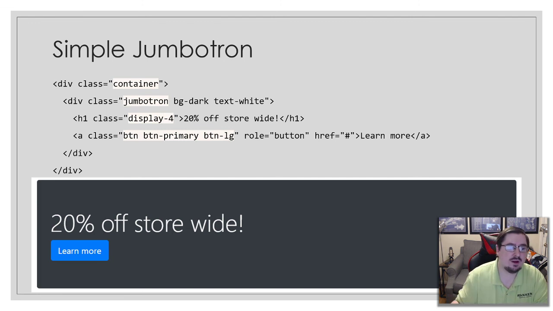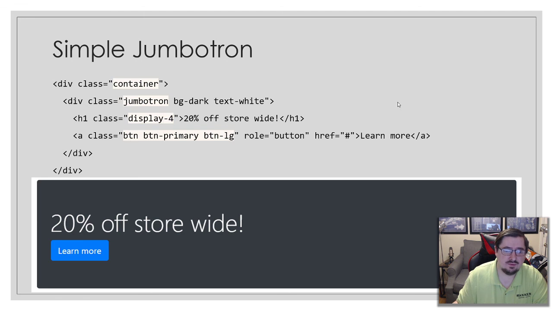Below that, I've got a button, and it's actually a link. It's an anchor tag because it's going to take them to another page. And then I've given it the class btn-primary, but I've also given it btn-lg because I want this to be a large button. Button large is a really good thing to add for any button. If you do have it in your Jumbotron, absolutely make it a large button.